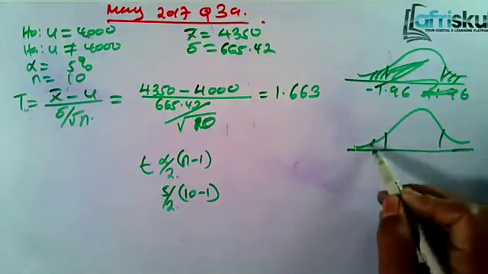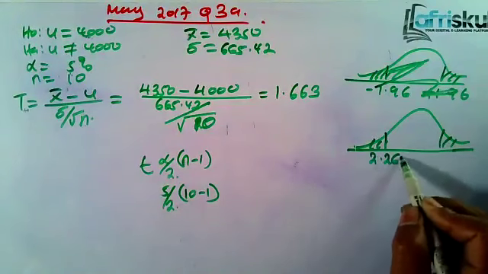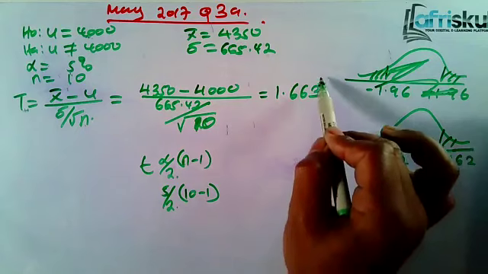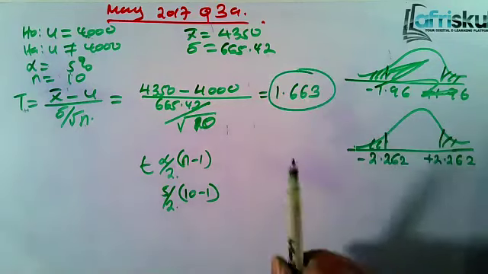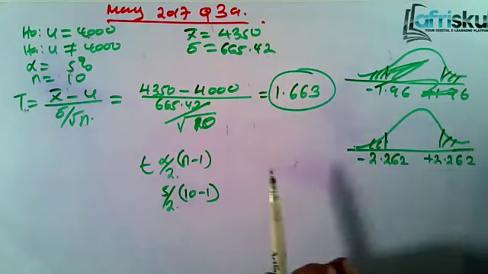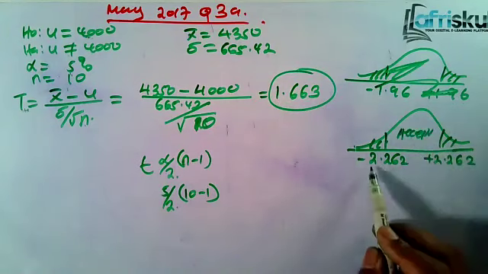So this will be 2.262, positive and negative. Then you ask yourself, our calculated t was 1.663, and this one is 2.262.